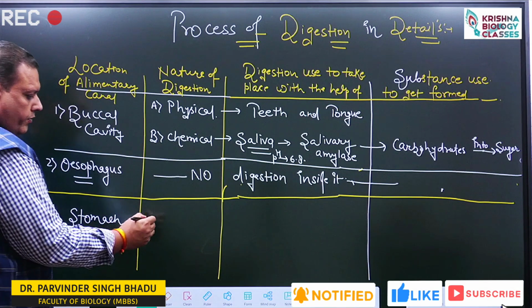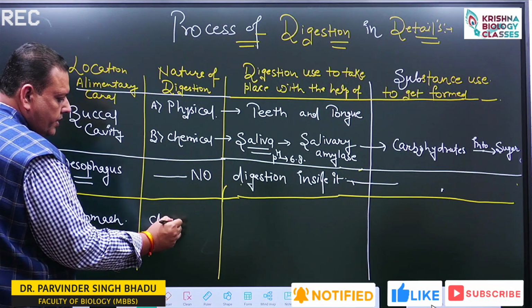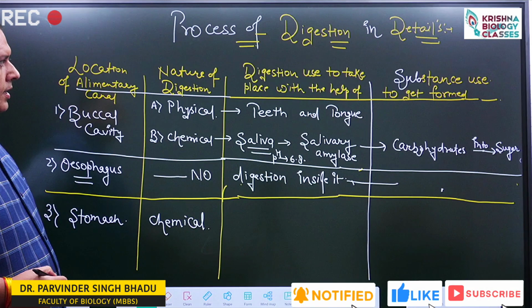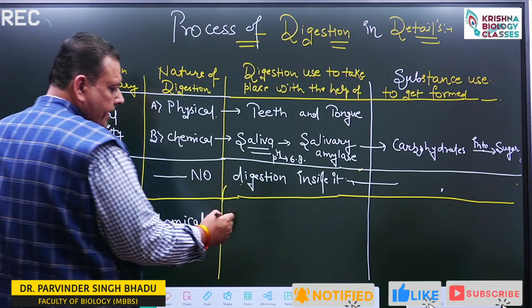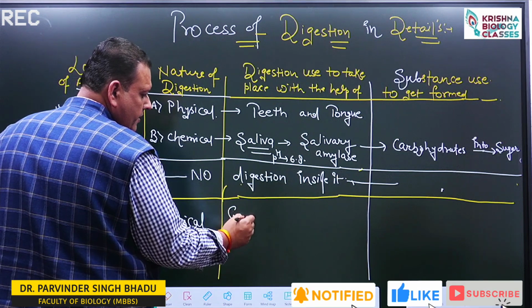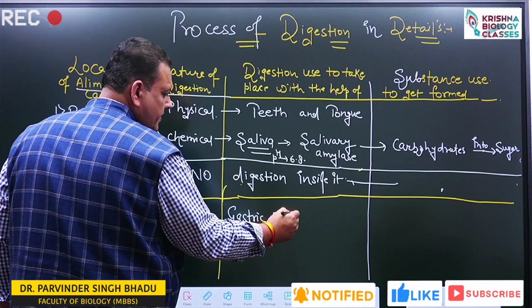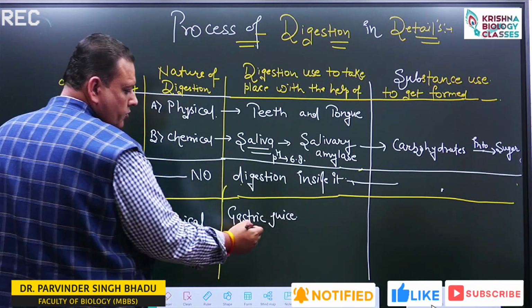Which nature of digestion takes place inside it? Chemical. Now, this digestion takes place with the help of gastric juice.